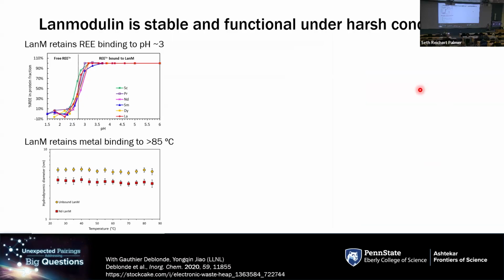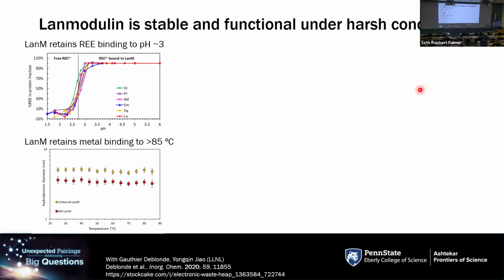And this applied work, much of it was done in collaboration with researchers at Lawrence Livermore National Lab. So initially, if we're going to investigate this protein as a technology, potentially, we need to make sure that it is extremely stable under harsh conditions that are necessary for separation processes.